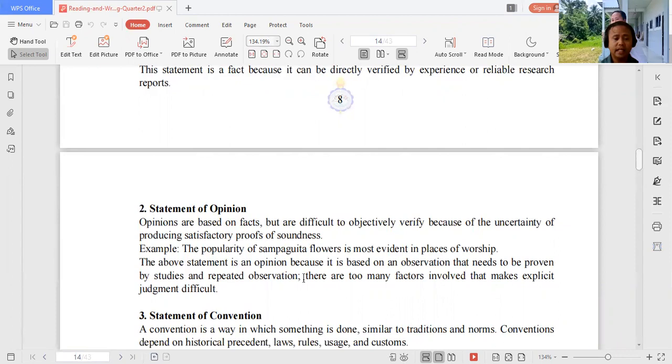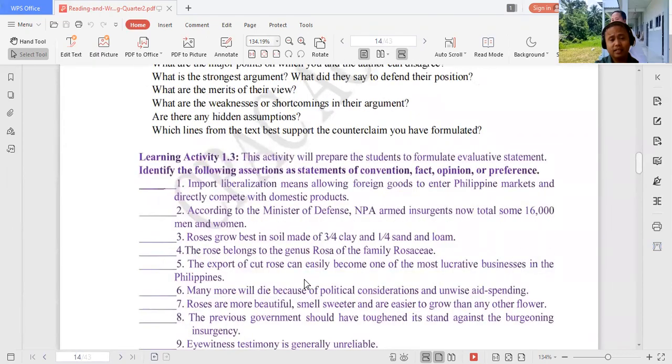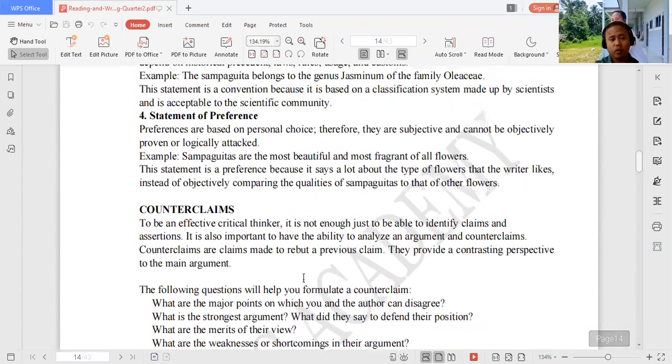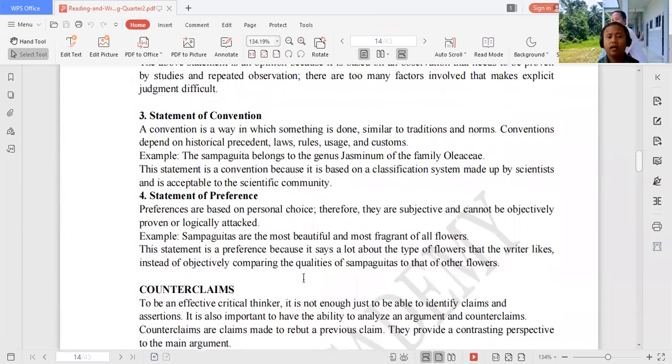Okay, so next is statement of convention. It is a way in which something is done. Similar to traditions and norms, conventions depend on historical precedent: laws, rules, usage, and customs.